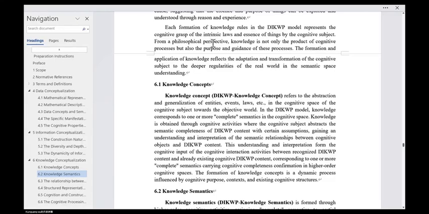I think it should be the formation of a knowledge rule.